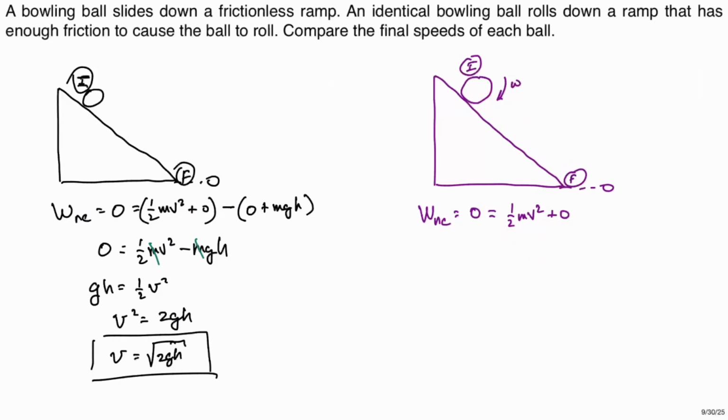But 1/2 I omega squared has to do with the rolling or rotation of the object. So you have to add on that third question, is it rotating? And in this case, when it gets to the bottom, it will be rotating and it will have 1/2 I omega squared. So that's a difference.